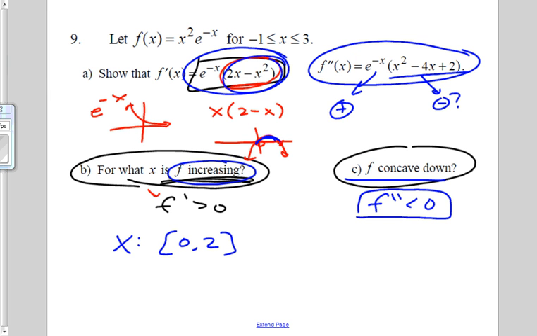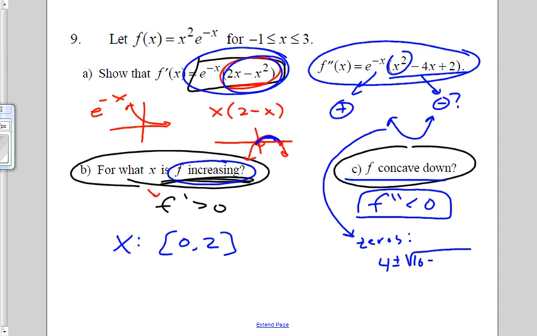When is that going to be negative? It certainly doesn't factor nicely. We know that that graph is going to be concave up because the leading coefficient is positive. And so to find out the zeros, you go negative b plus or minus the square root of b squared minus 4ac, all over 2a.